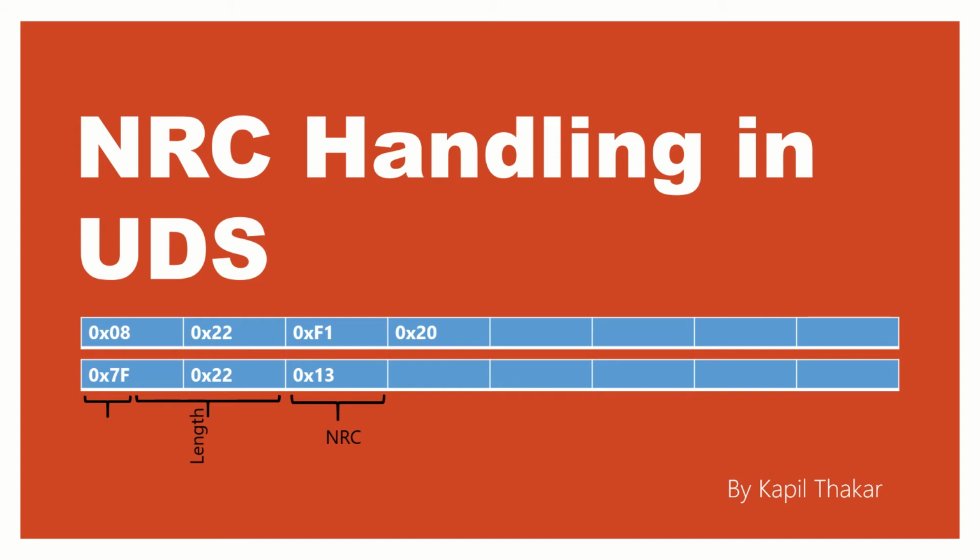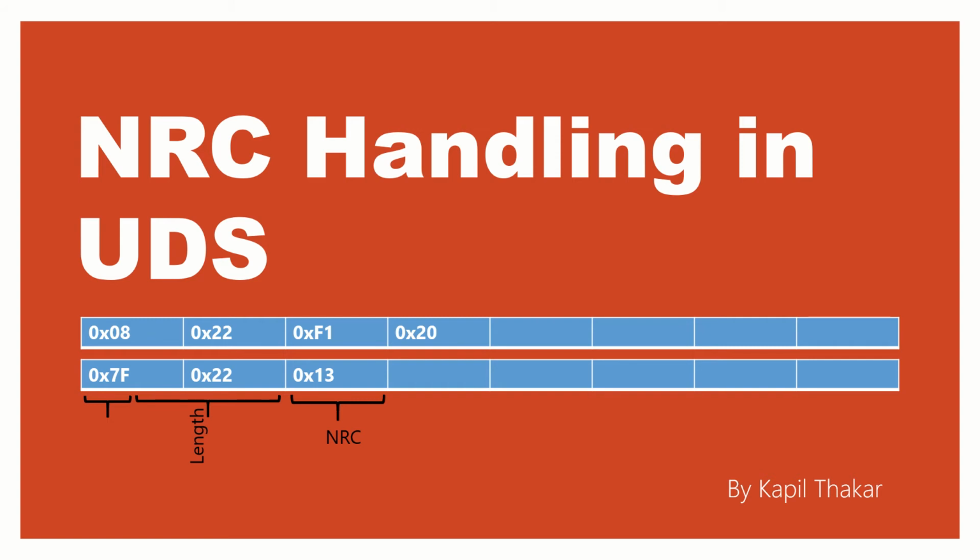We have many negative response codes. However, I will skip two of them, which we generally will not face, but we will try to cover them in our upcoming video.